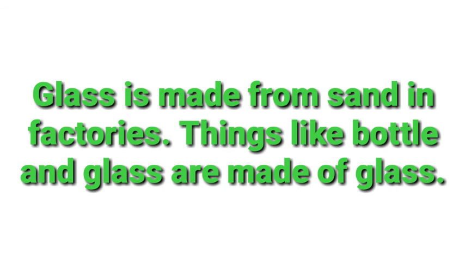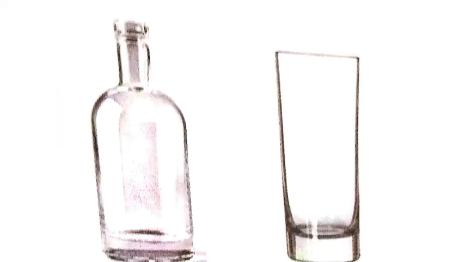Glass is made from sand in factories. Things like bottles and glasses are made of glass. So glass is also made in factories. It is not a natural thing. It is a human-made thing.